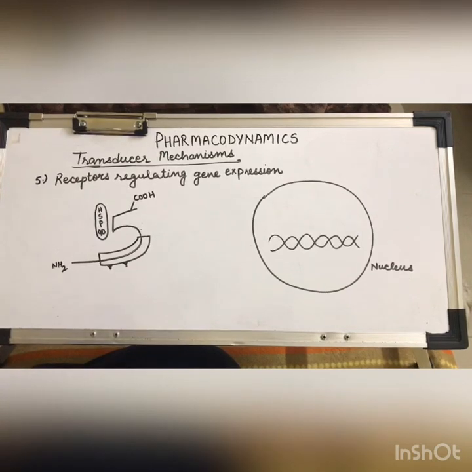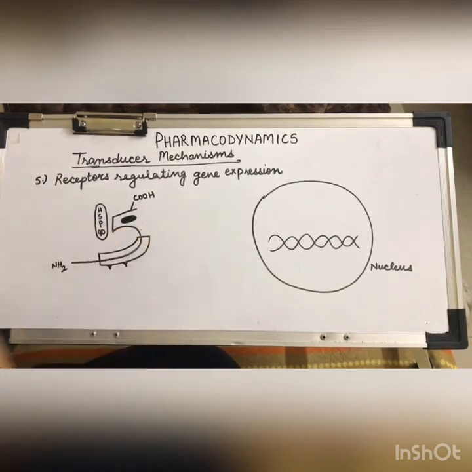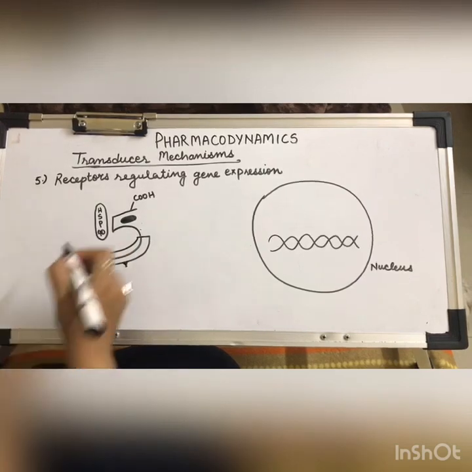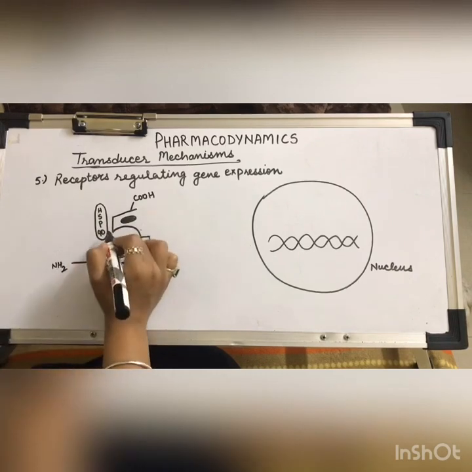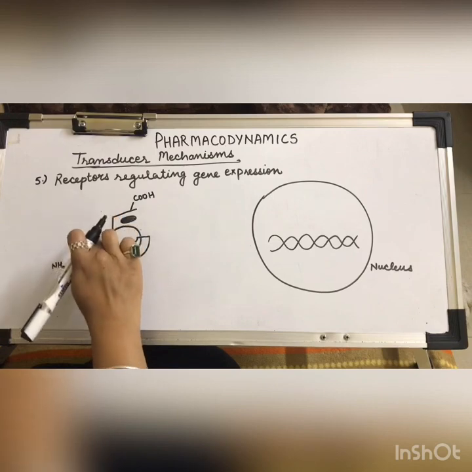Now glucocorticoids are lipid soluble chemical messengers, so they can easily penetrate the cell and bind to the cytoplasmic or the nuclear receptors, these proteins which are bound with these heat shock proteins. After the binding of glucocorticoid, these proteins are dissociated.